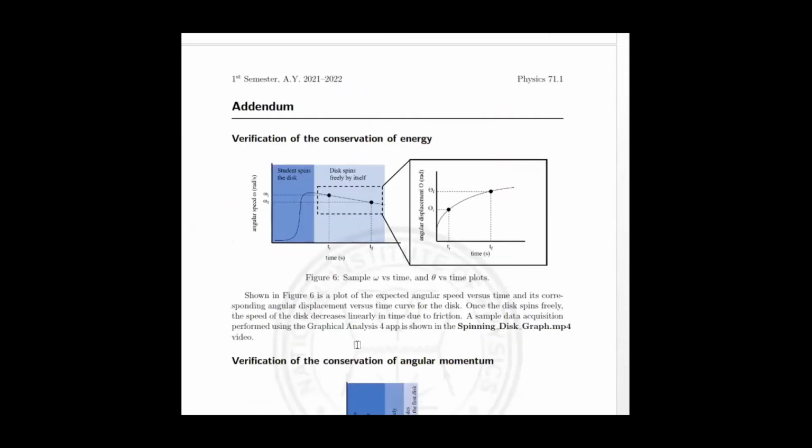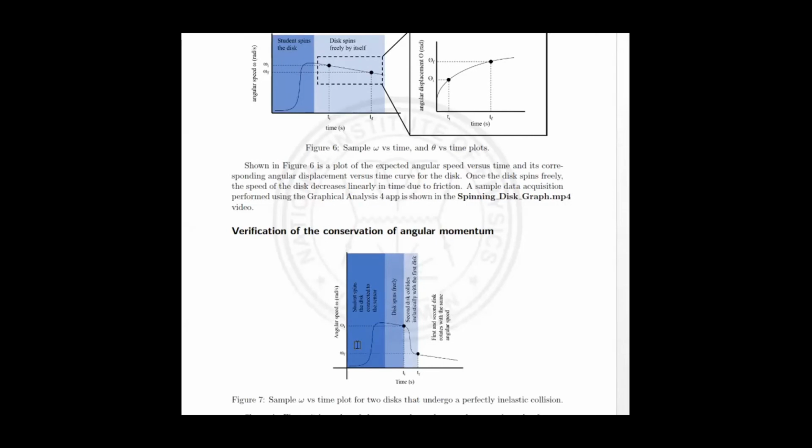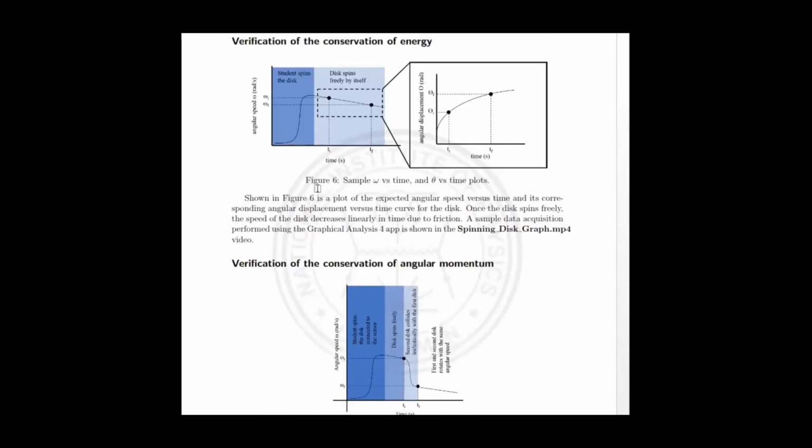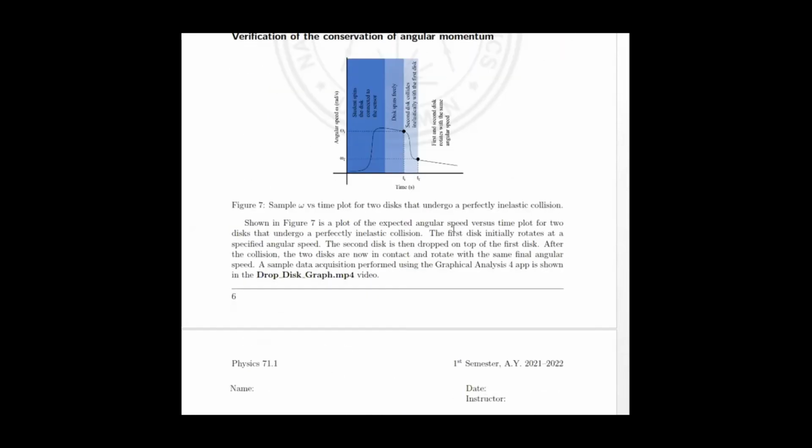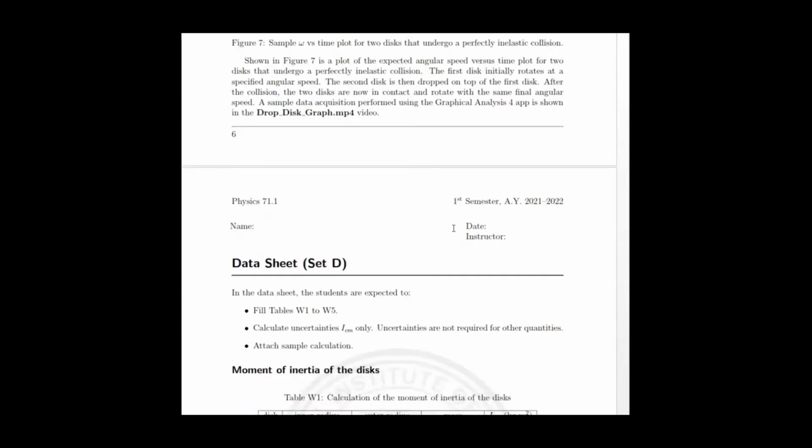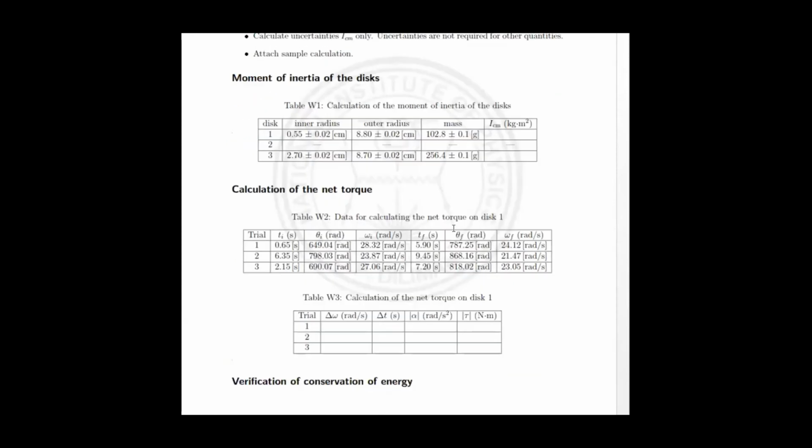So addendum, these are just additional information that you don't really need to do the experiment. So this is the actual data sheet. So kung mapapansin niyo, wala ito, so walang kayo gagawin dyan. The inner radius, outer radius, and mass are given for 2 disks. So all you have to do is calculate the moment of inertia.